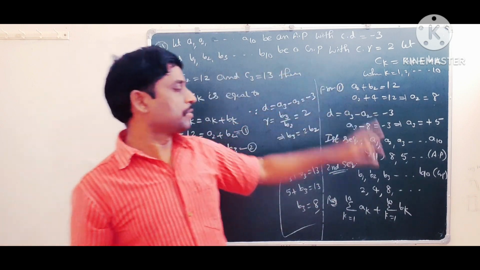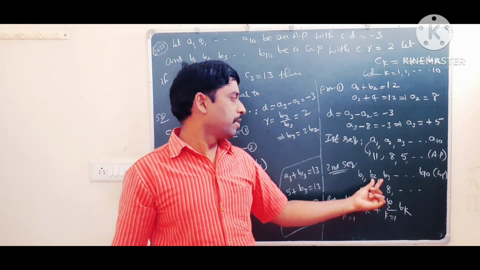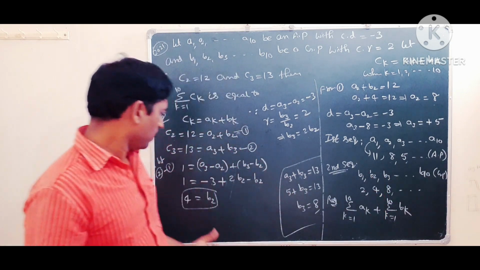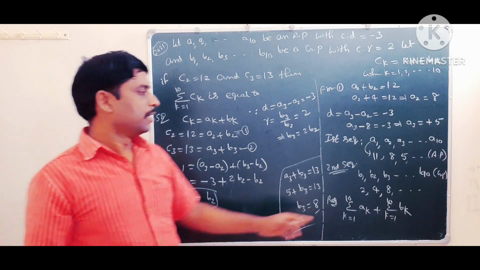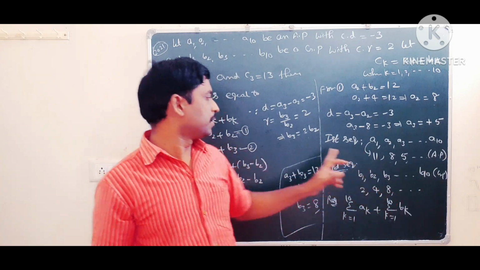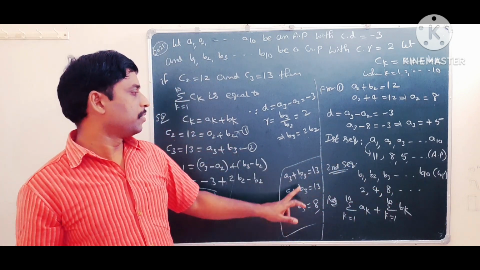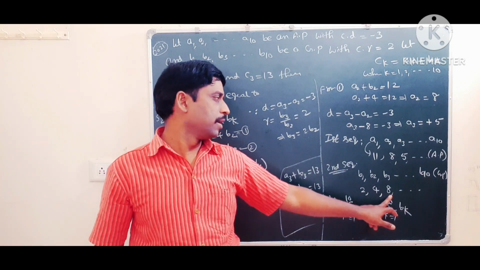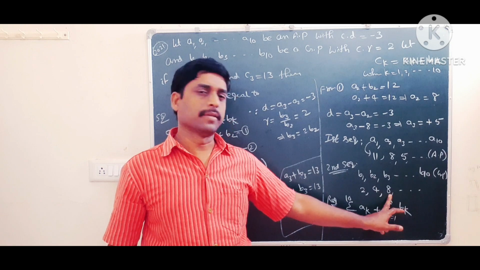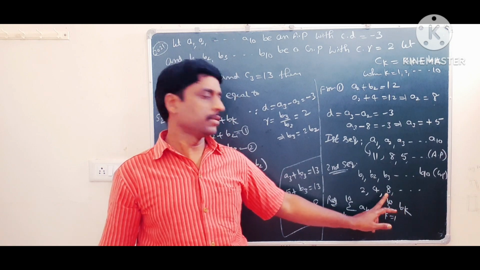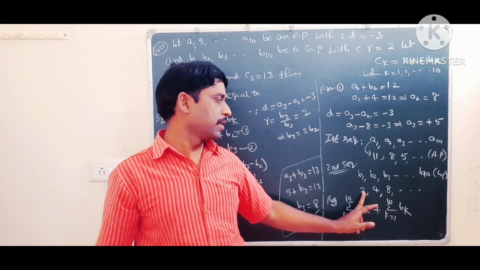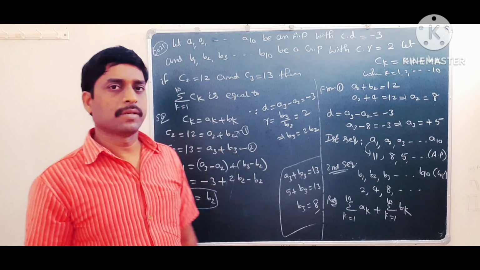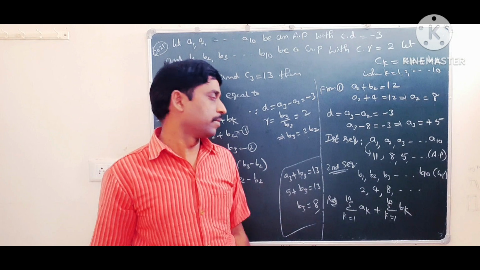B1, B2, B3 and so on up to B10. B2 value is 4, which we have got. B3 value is 2B2, so 2B2 means 2 into 4, which is 8. So B3 value is 8. So the sequence is 2, 4, 8. What is the common ratio? 2. Why? Because in a GP, the common ratios are equal.